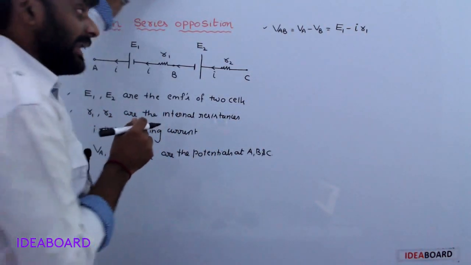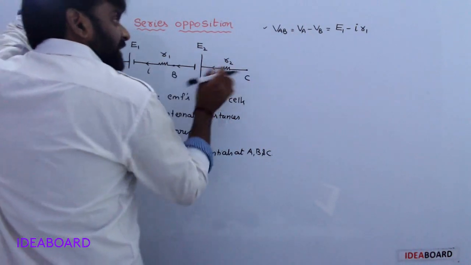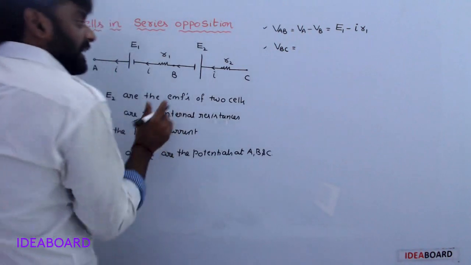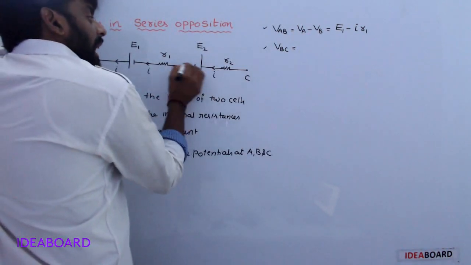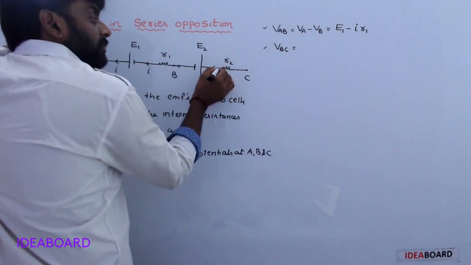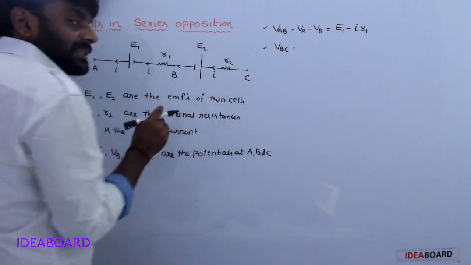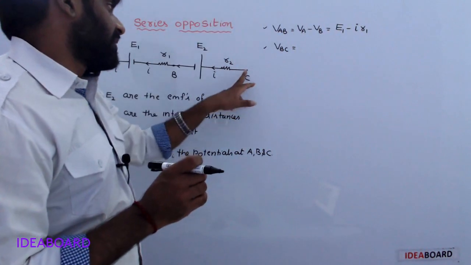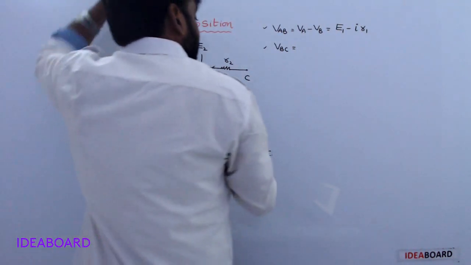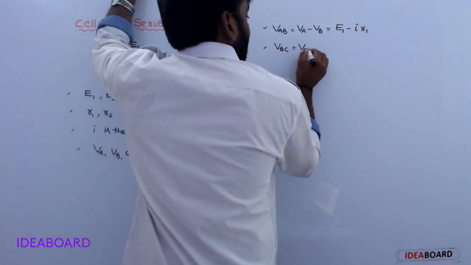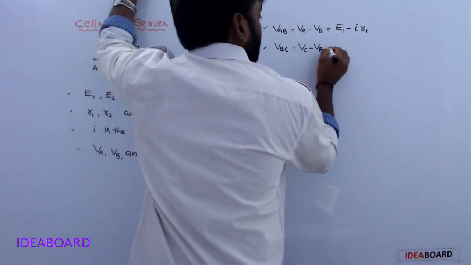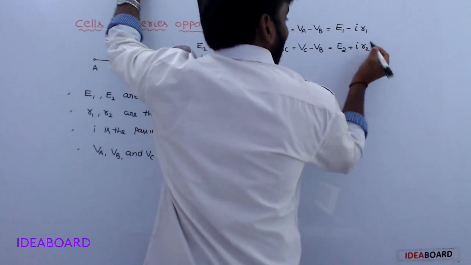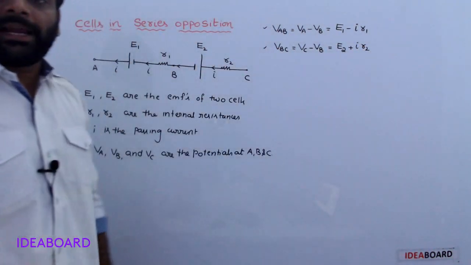Next, between B and C. Outside it goes from negative to positive, inside positive to negative, which means it is a charging cell. Here higher potential is C, lower potential is B. Vc minus Vb for a charging cell is E2 plus I R2.